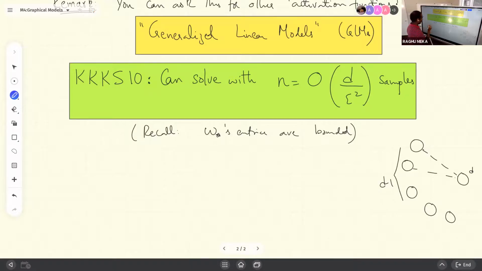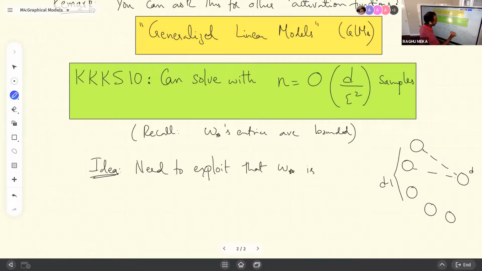Okay? So, idea. Need to exploit that W star is k sparse, i.e. has only k non-zero entries.